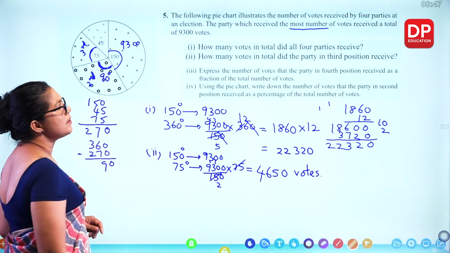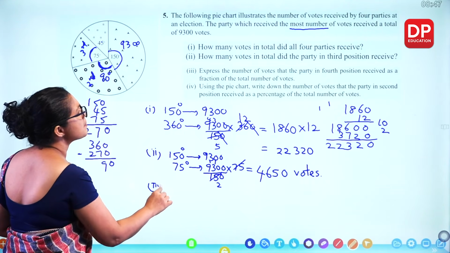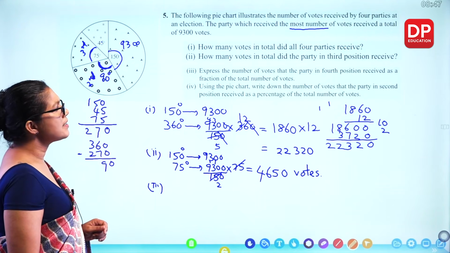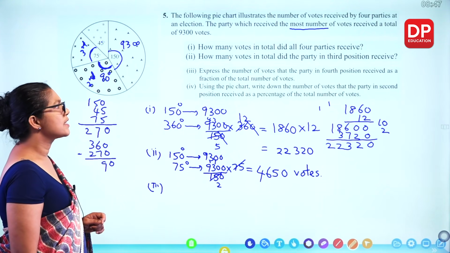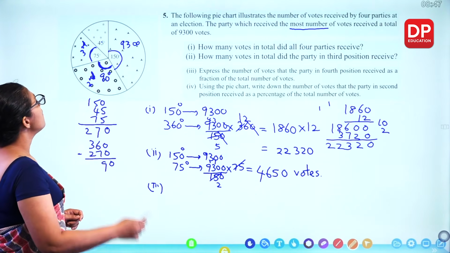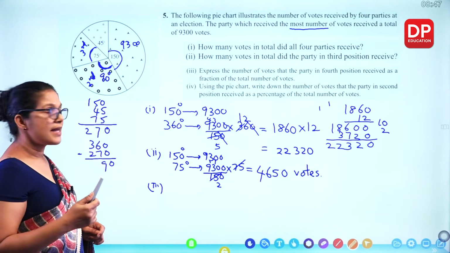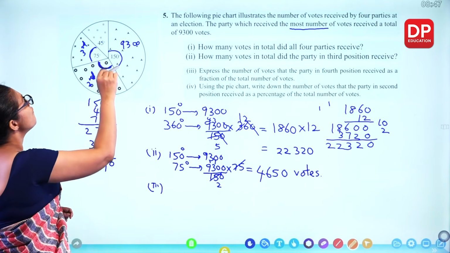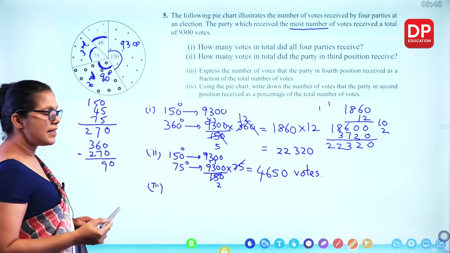are there for the third position party. Now the third part says, express the number of votes that the party in fourth position received as a fraction of the total number of votes. Here we can find this using the angle. The fourth position is this angle, 45 degrees.